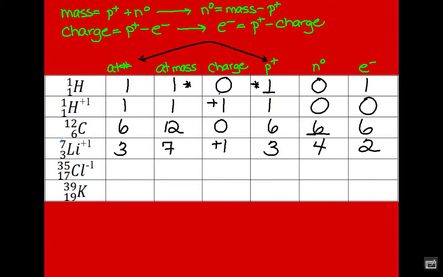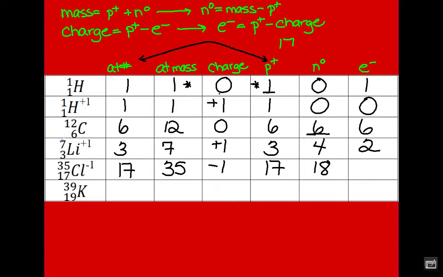The next one here is a little bit tricky. I have atomic number of 17, mass of 35, charge of negative 1. Nothing changes here. 17 for protons. 35 minus 17 gives me 18 neutrons, but this is where we have to be careful. For my charge, 17 minus a negative 1.